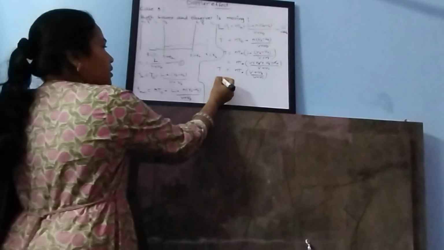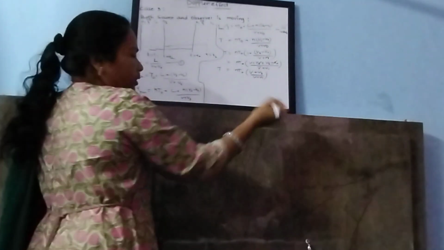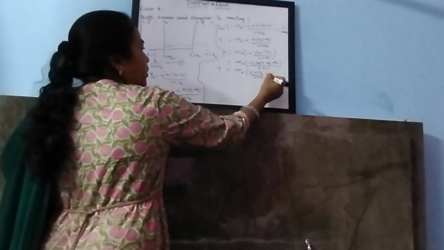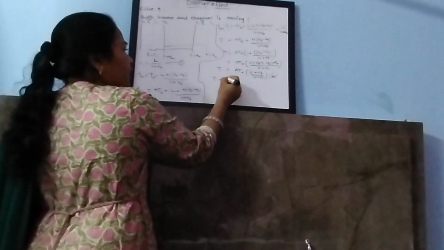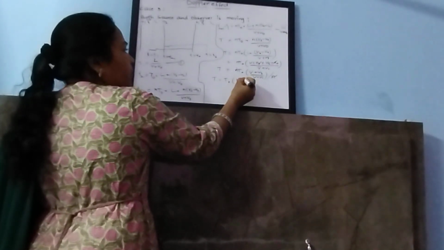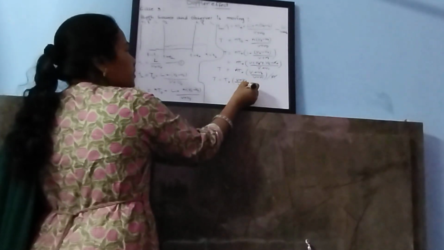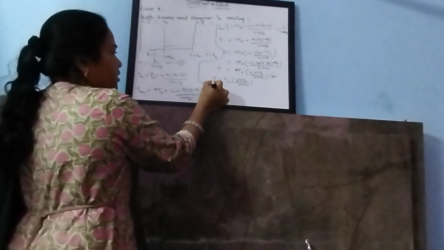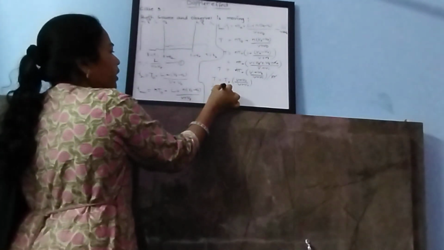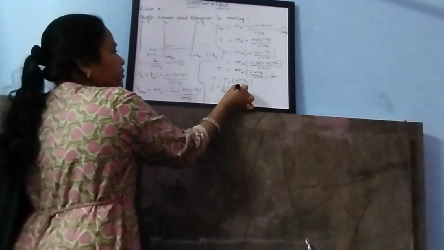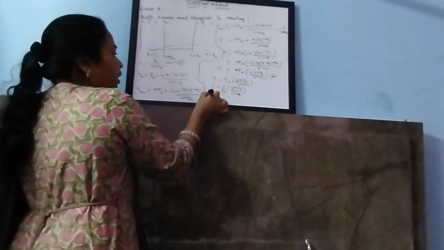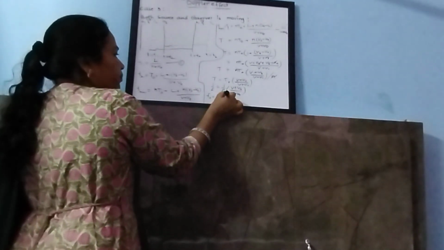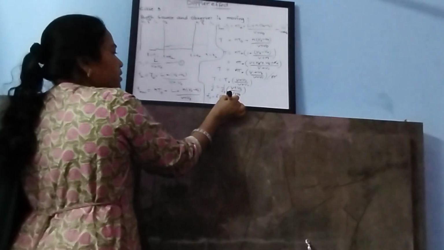Then for a single crest, if we divide by n, we get T equals t0 into V plus Vs by V plus V0. From this we get the frequency: 1 by f0 into V plus Vs by V plus V0, so f0 equals f into V plus Vs by V plus V0.